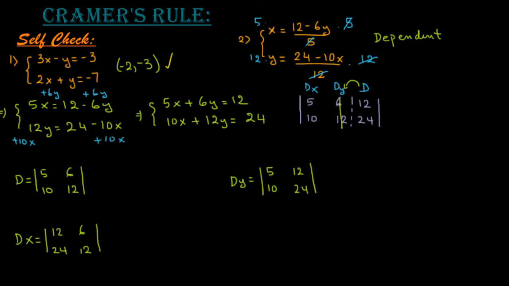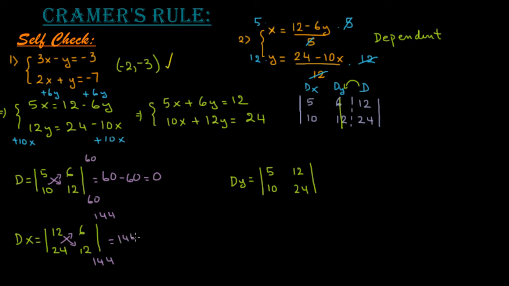Now let's go ahead and solve each of them. 5 times 12 gives me 60, and 10 times 6 gives me 60. 60 minus 60 gives me 0. 12 times 12 gives me 144, and 24 times 6 also gives me 144.